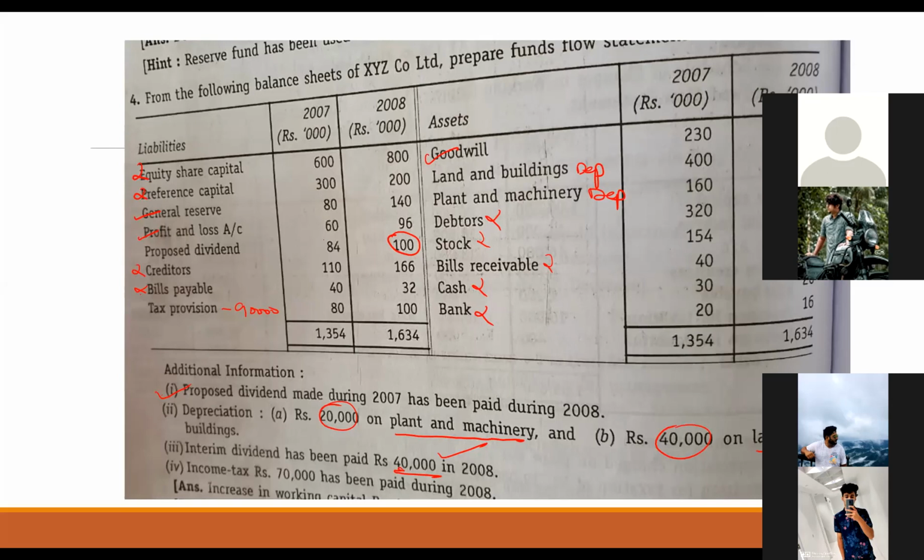Then 40,000 rupees is there in the additional information. So you should say which amounts will come in which places.